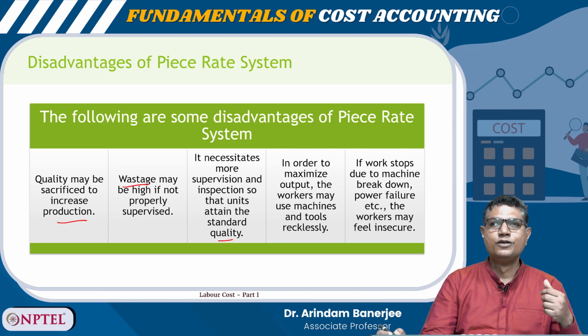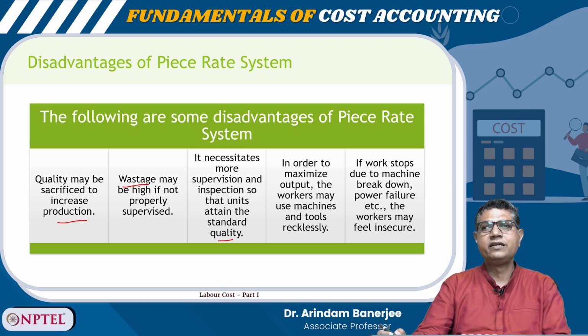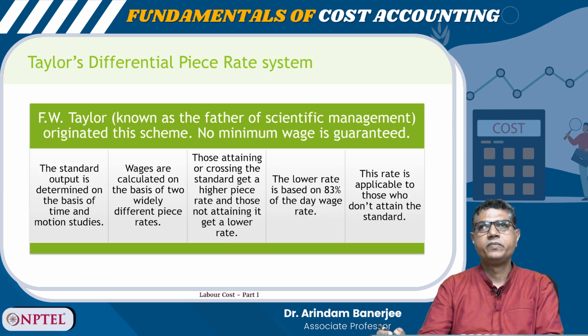So, if on that ground there is some disruption in the production, it is not the fault of the worker, but the worker may suffer out of this. So, that may create insecurity among the workers. These were the disadvantages of the piece rate system.